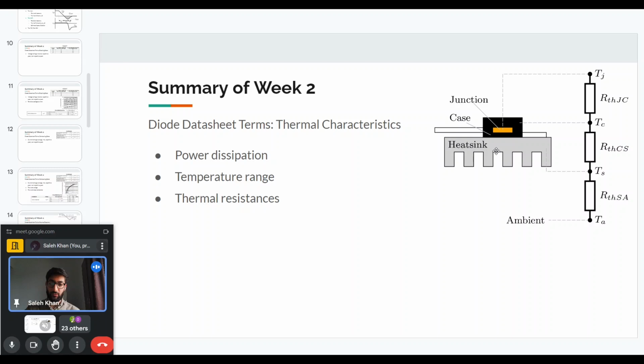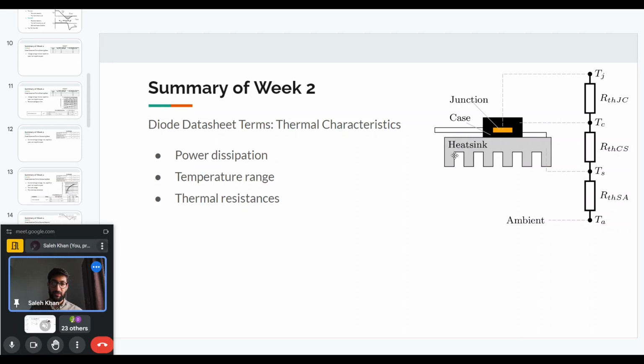The first resistance will be between the junction and the case of the device. This is called the thermal resistance between junction and case, and this will be provided in the data sheet. Then we will have another thermal resistance between the case and the heat sink, the case to sink thermal resistance. And then we will have the thermal resistance between the heat sink and the ambient.